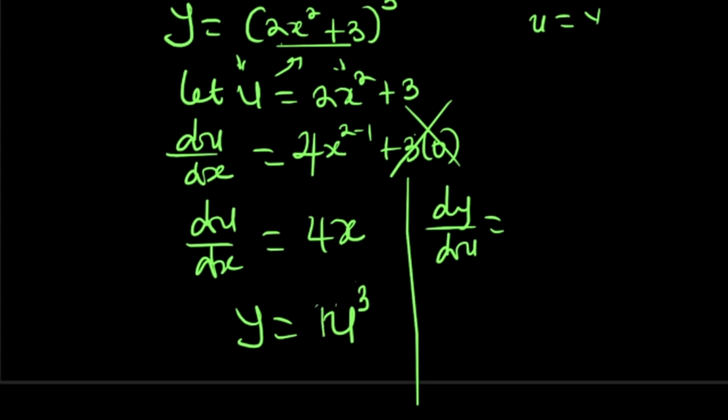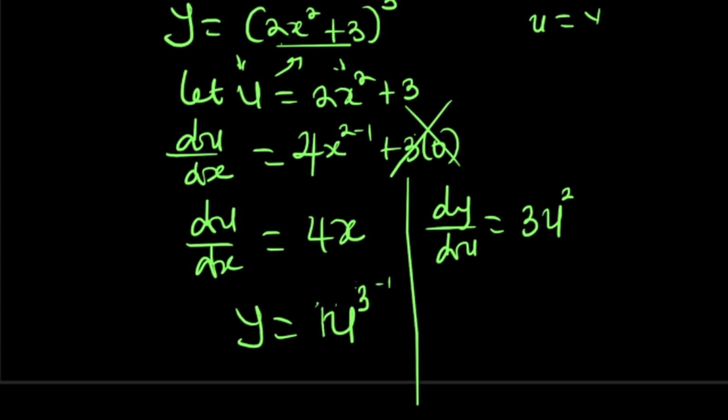This u has a 1 attached to it, right? You now say 3 times 1, that's a 3. You subtract 1 from the power, so you have u to the power of 2 left. So that means that dy over du is equal to 3u squared.